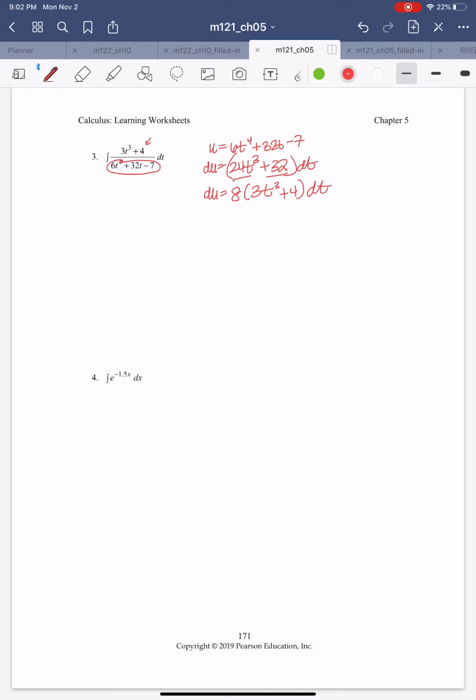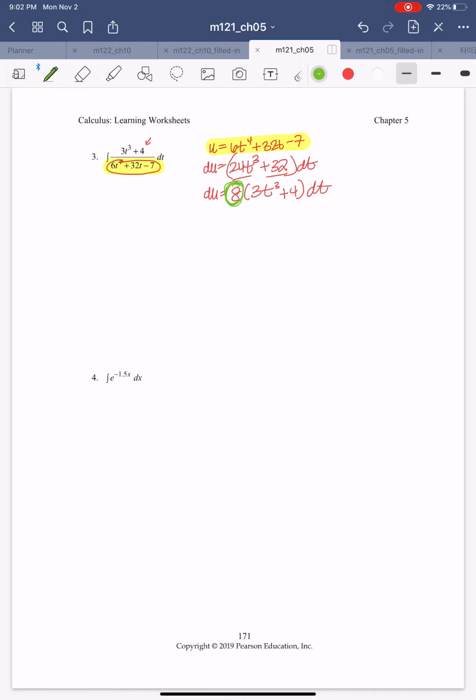Let's rewrite it. All right, so I have the whole thing is just u because I let the whole thing be u. Now also my dt, and here's a little bit of a modification. Take a look at the 8 here. I'm missing an 8.